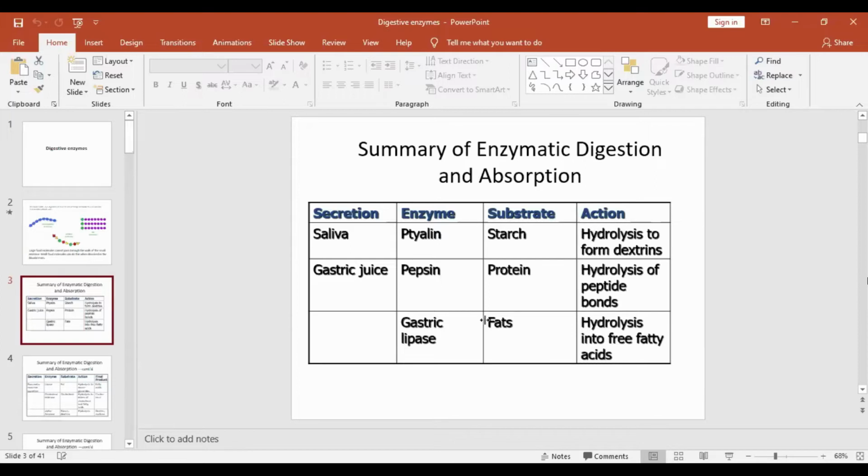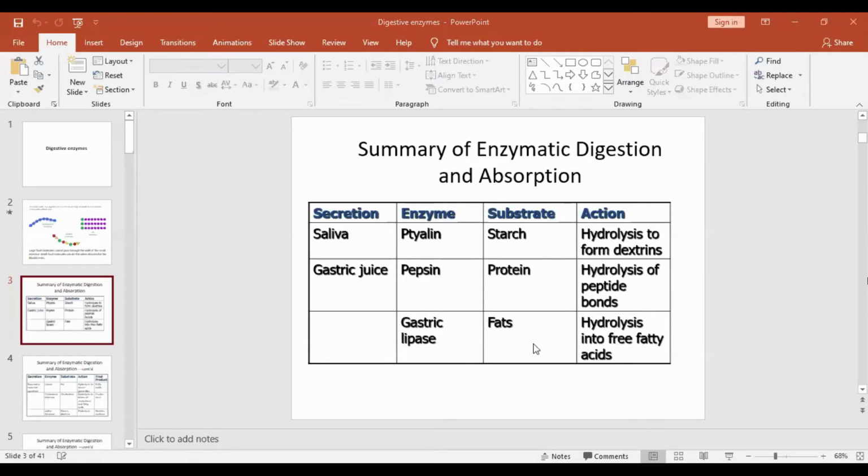After that comes gastric juice, in which the enzymes available are pepsin and gastric lipase. The substrate for pepsin is protein, and it helps with the hydrolysis, the breakdown of peptide bonds.